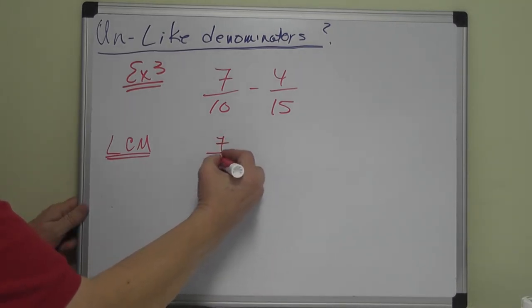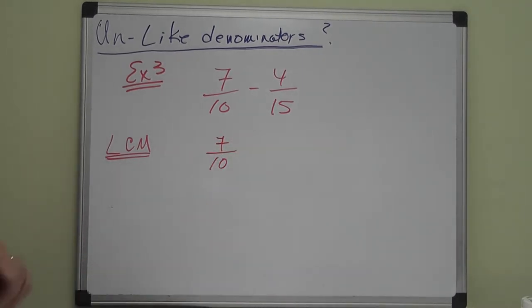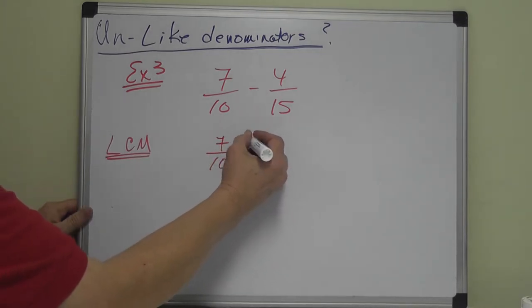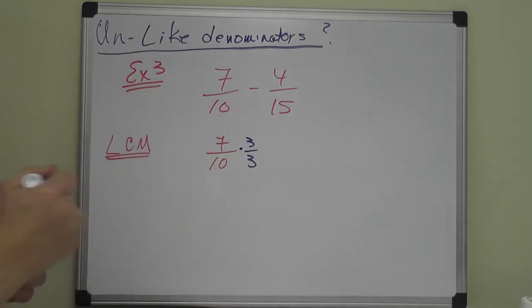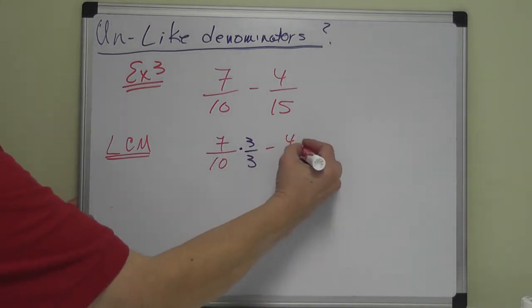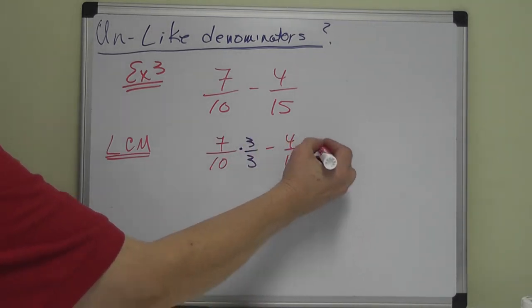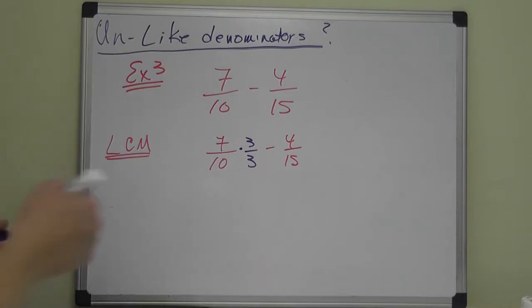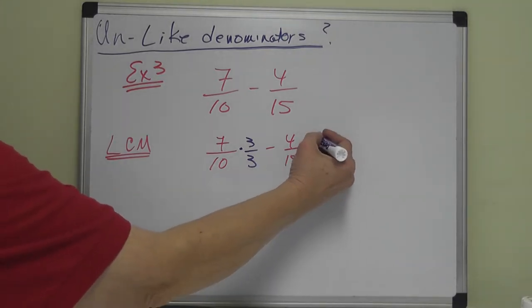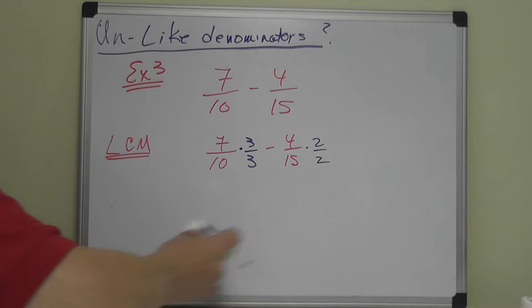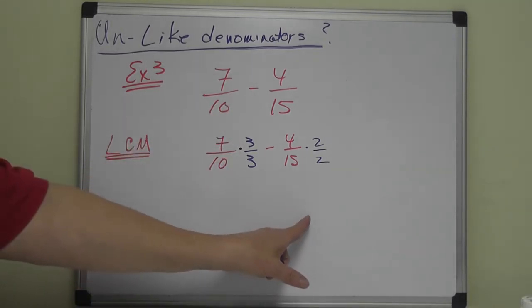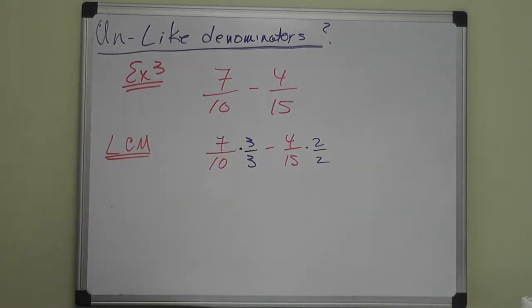We're going to multiply 7/10 by 3/3, and we are going to multiply 4/15 by 2/2. It doesn't matter at all that we're multiplying by different values here, because as long as your numerator and denominator are the same, you're just multiplying by a form of 1 and you're not changing the value. You're simply changing the appearance of these fractions.